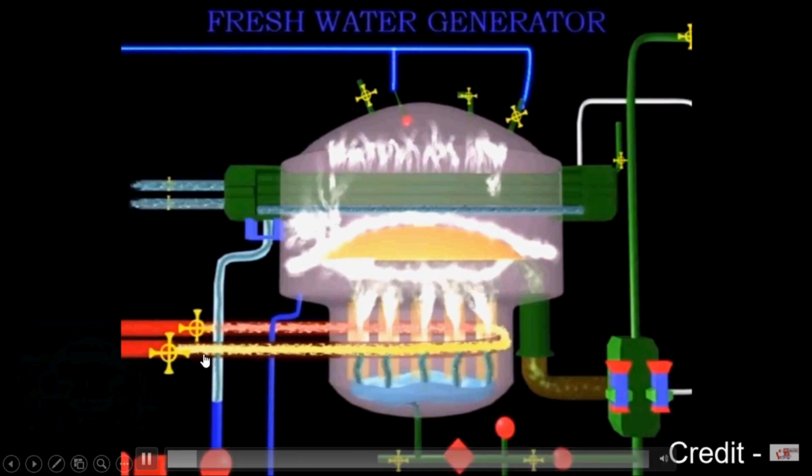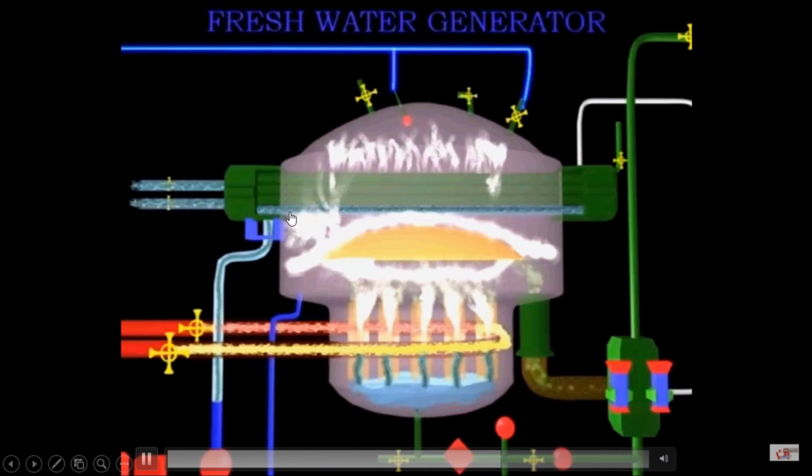See guys, here the jacket water is getting in, which heats the sea water. Sea water produces vapor. This is a deflector. The vapor passes through the coil cell, and then it gets condensed. The condensed water, which is the fresh water, gets suction by the distillate pump, and it then gets discharged to the freshwater tank.